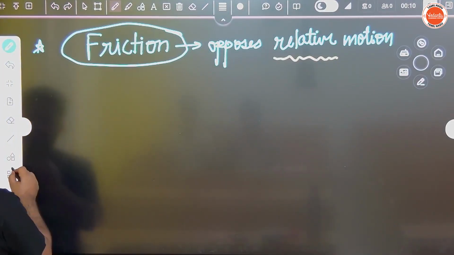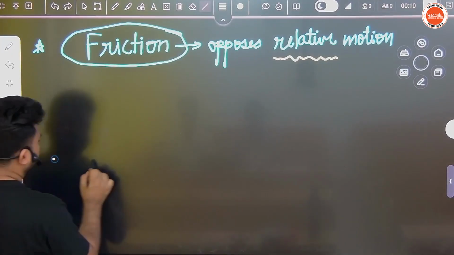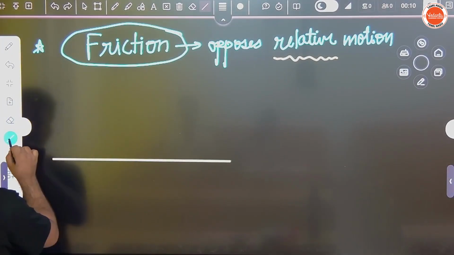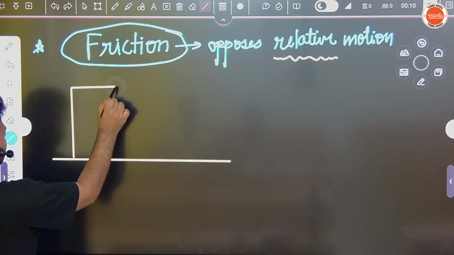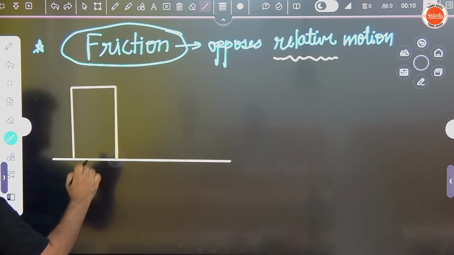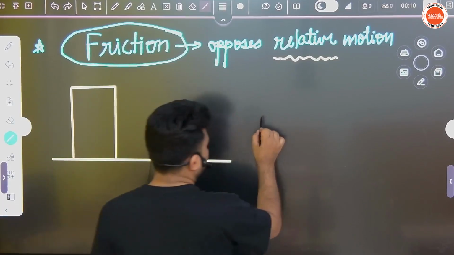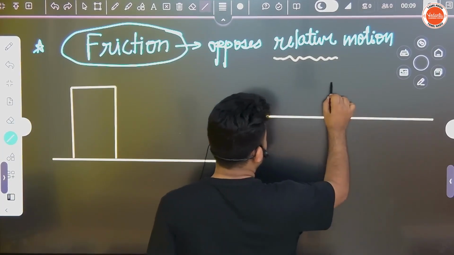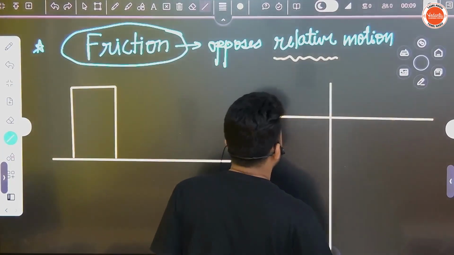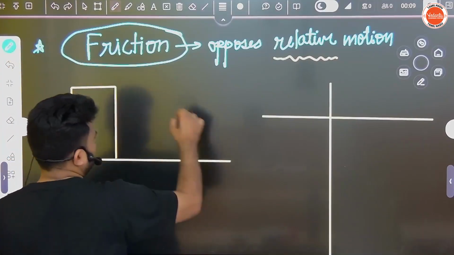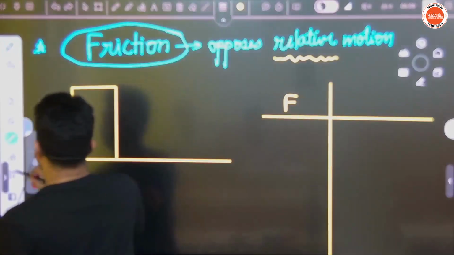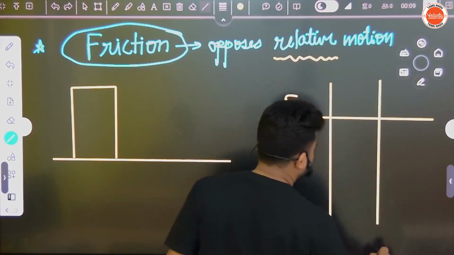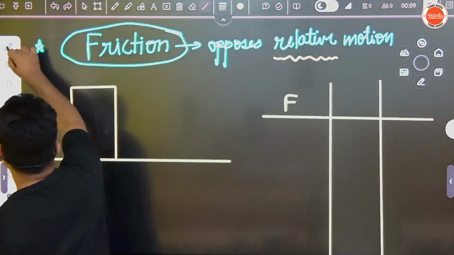Always remember that suppose there is an almirah kind of thing, or one huge block. One table I wanted to write. This is how much force you are applying. This is how much friction it will have.